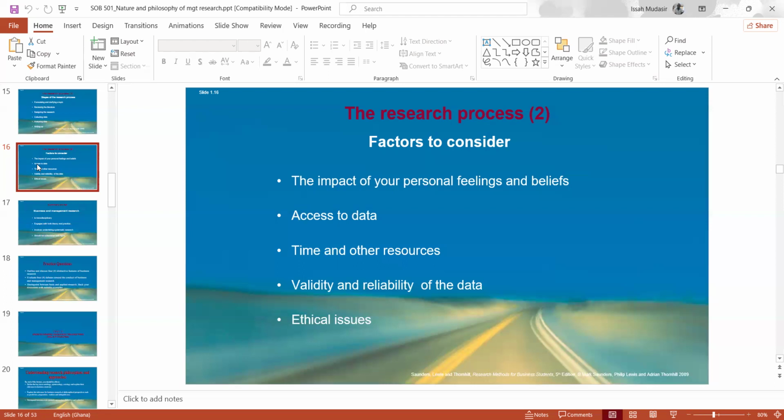So they might withhold some very valid information that you need, and that might affect the policy formulation as a result of the outcome of your research. Is this something that is possible?